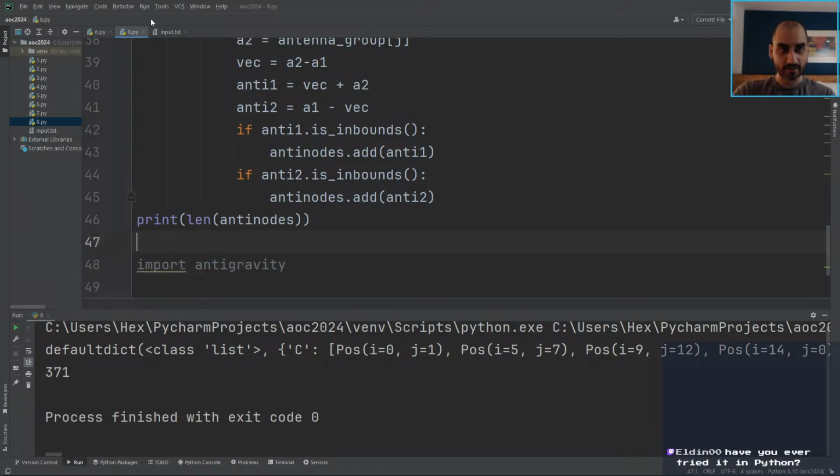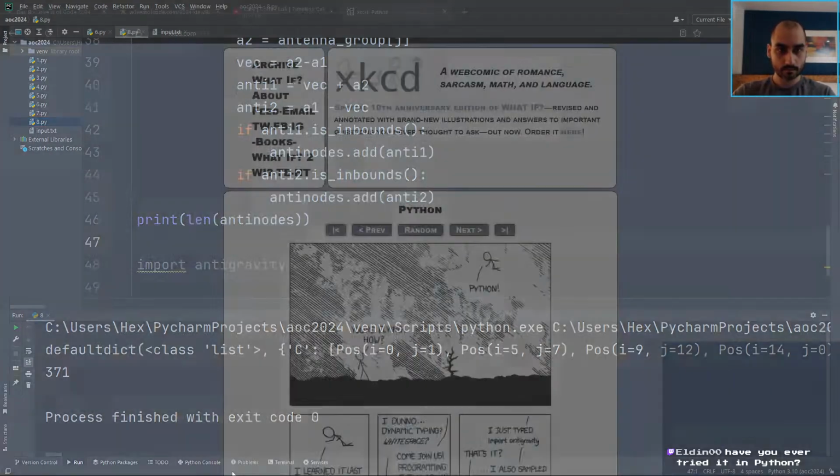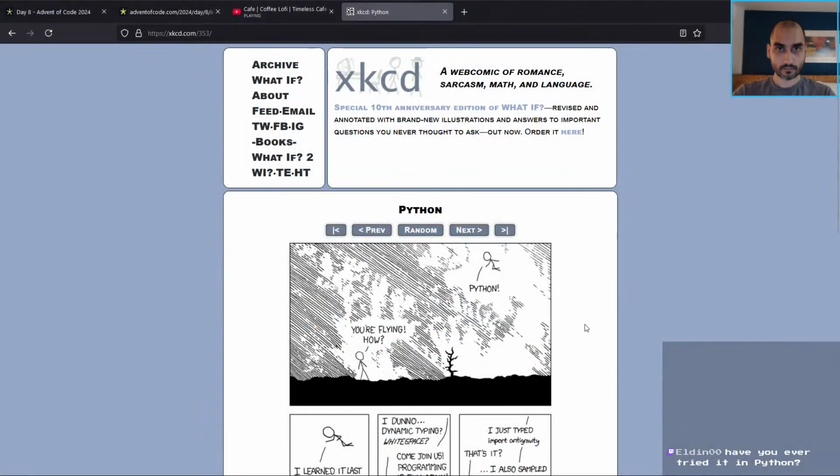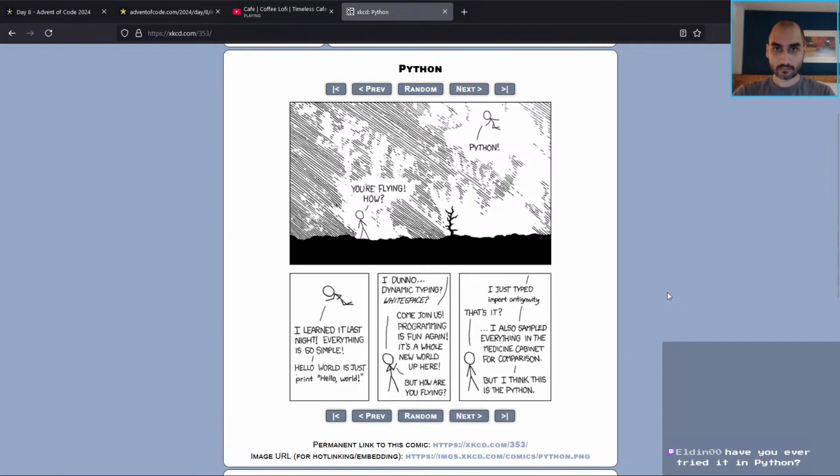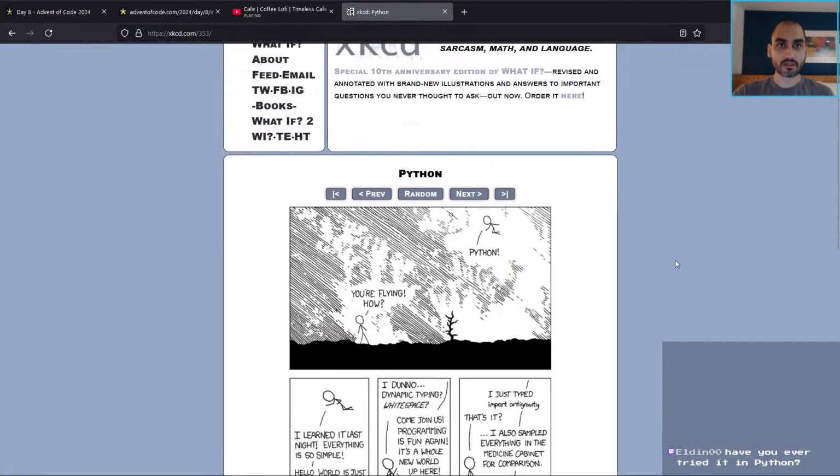Forgot all about that, man. This one comic here was partly what got me into Python.